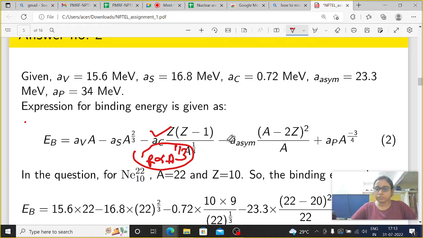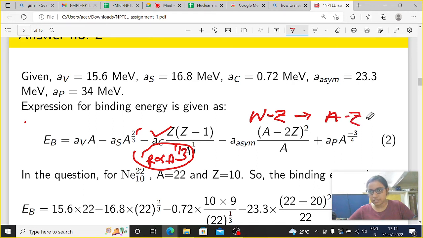And the fourth term is A asymmetry, A minus 2Z whole square divided by A. Why is it like that? Because A minus 2Z is basically N minus Z, because N is A minus Z, and minus Z means A minus 2Z.